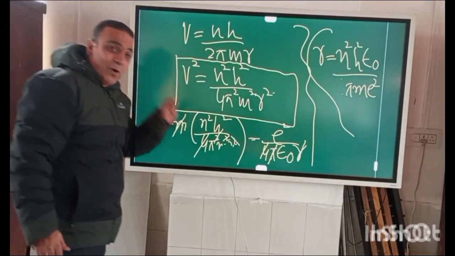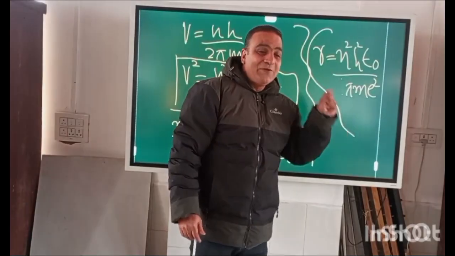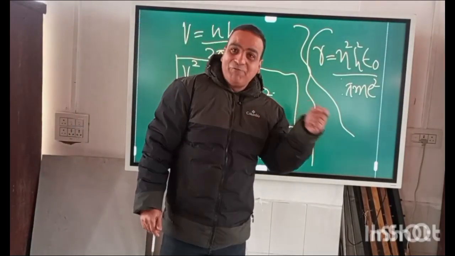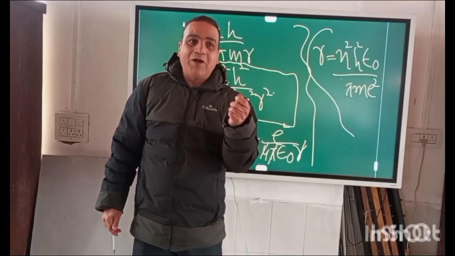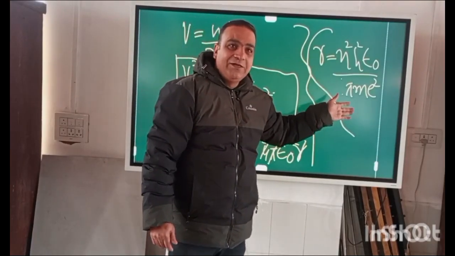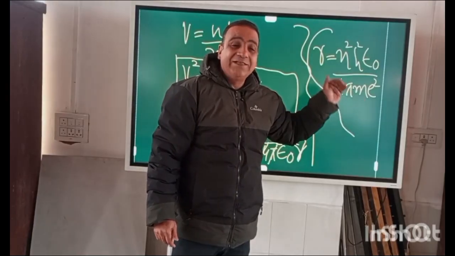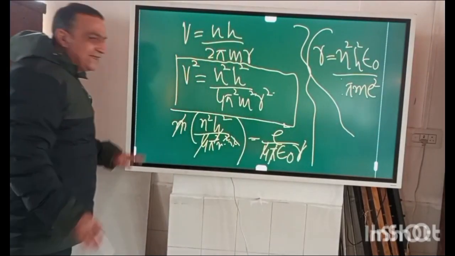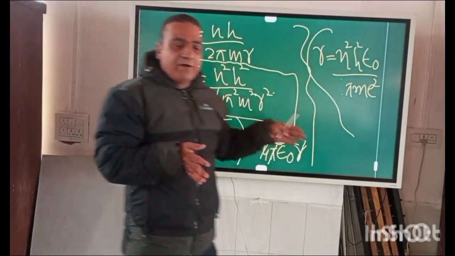But the beauty of Bohr's model is that the maximum probability of finding an electron in the first orbital is almost equal to the radius of the Bohr orbit. Is this clear to you? Okay, this is the framework of Niels Bohr.